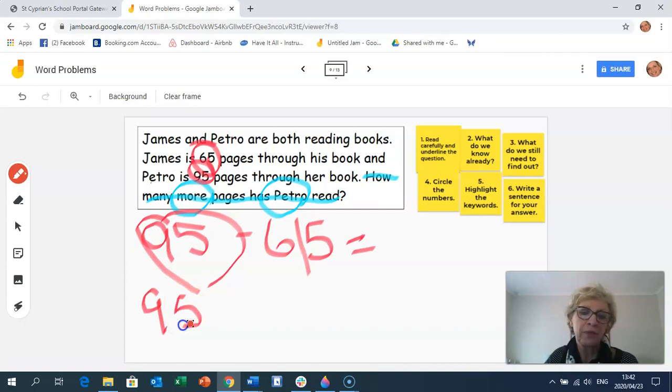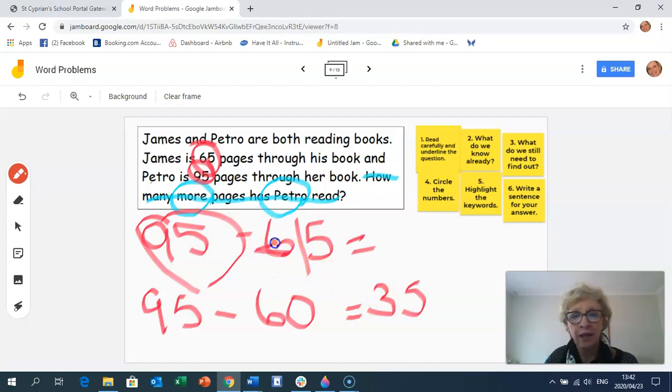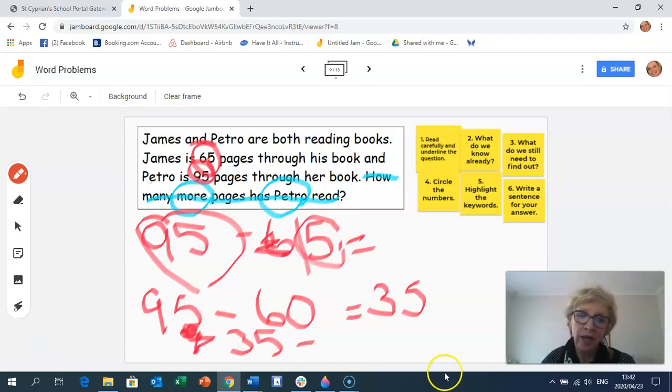95, we're going to do it in 2 steps. Minus 60, what is that? 35. We have now subtracted the 60. Remember that place value, the 6 in the tens column stands not for 6 but for 60. Now we've got one more step to do. 35 minus what? 5, because we haven't done that yet, is 30.